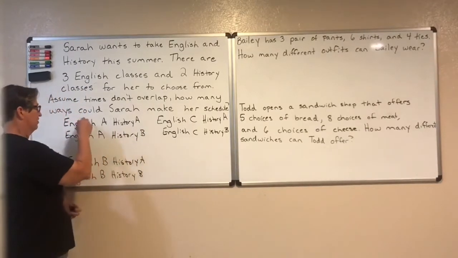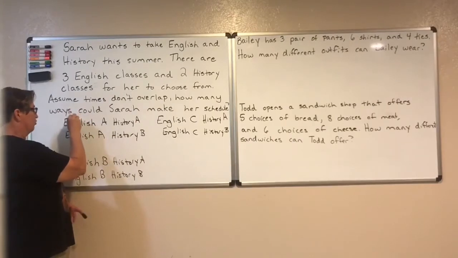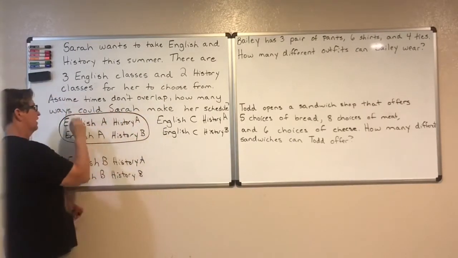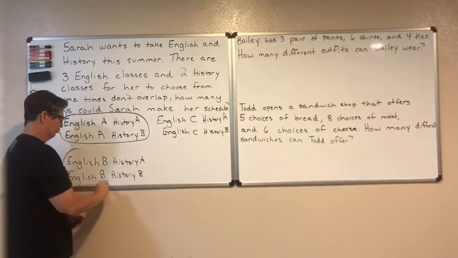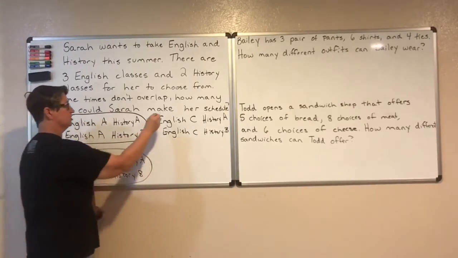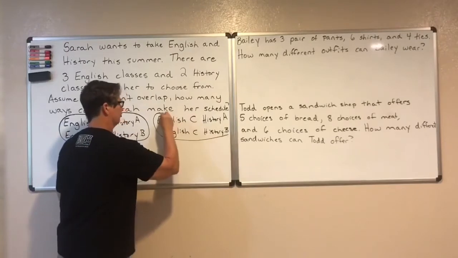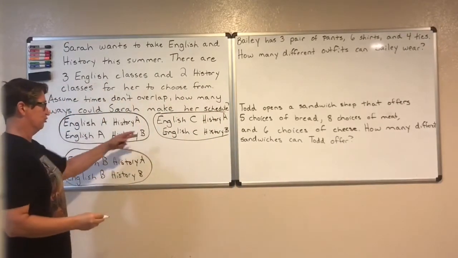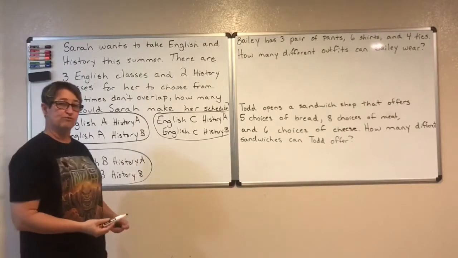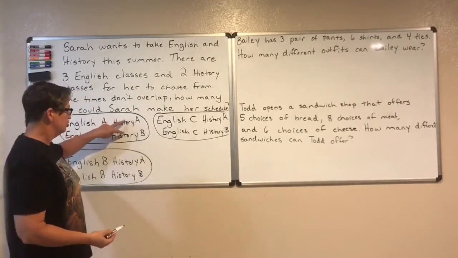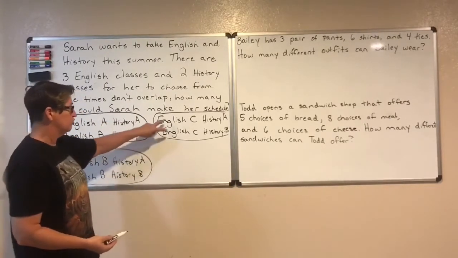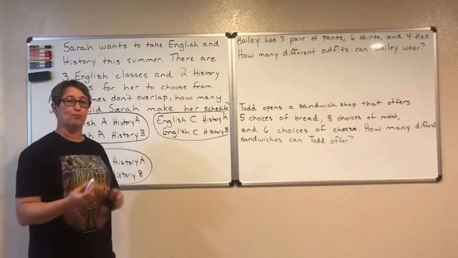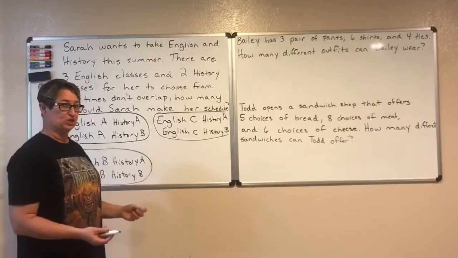Notice that what we have done is we really have 3 groups here. English A is one group, English B is another group, and English C is a third group. Because we have 3 options of English, we have 3 groups. And in each one of those groups, we have 2 histories. Now mathematically, we can represent that with multiplication.